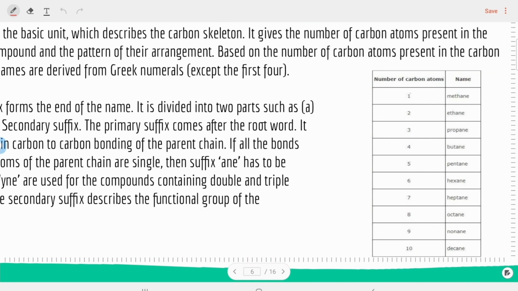In mathematics, 1 is mono, 2 is di, 3 is tri, and 4 is quad. But in chemistry, 1 is meth, 2 is eth, 3 is prop, 4 is but, 5 is pent, 6 is hex, as usual. Taking an example with respect to alkane, we have methane, ethane, propane, and butane.